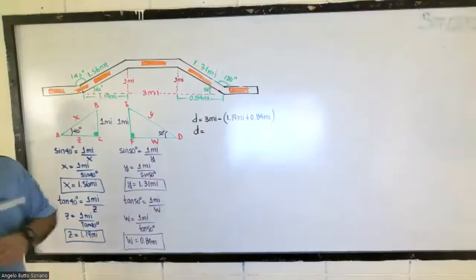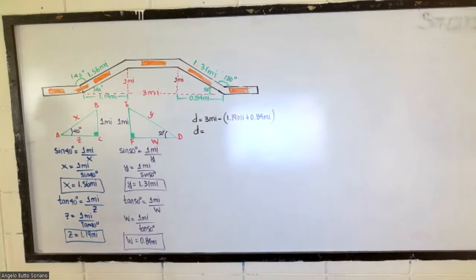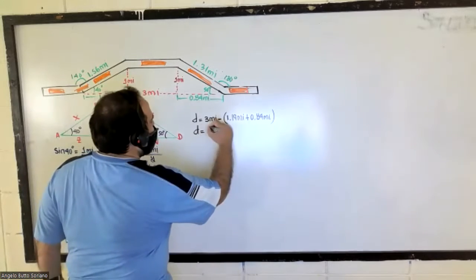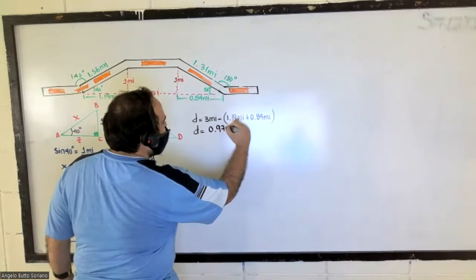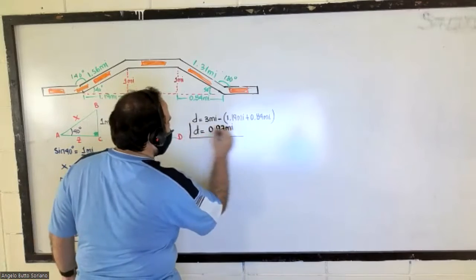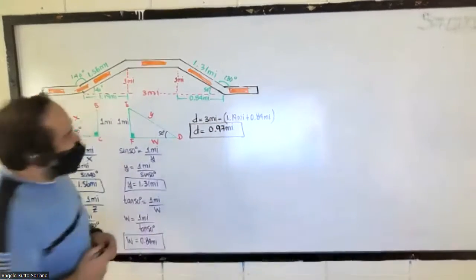So would you like to tell me what will be the answer for that D distance? 3 minus parentheses 1.19 and 0.84. Just like this, así como está. That was 0.97. Suma, ¿verdad? Yep, 0.97 miles. This is the value of the distance D.